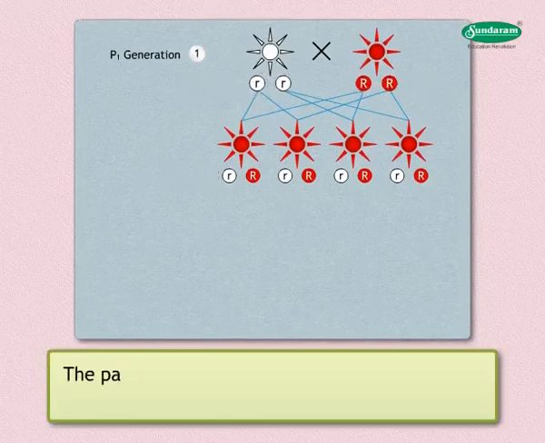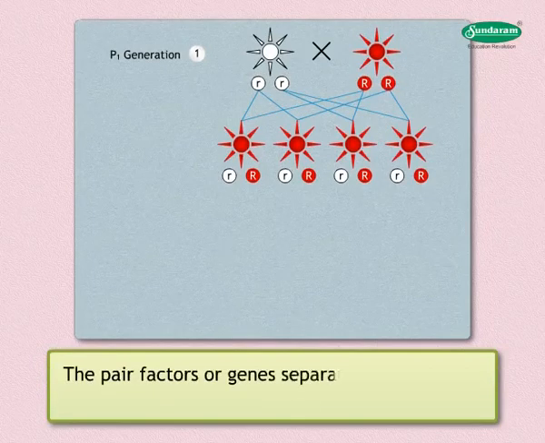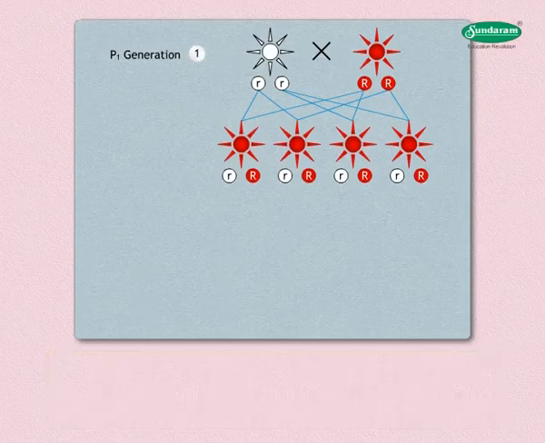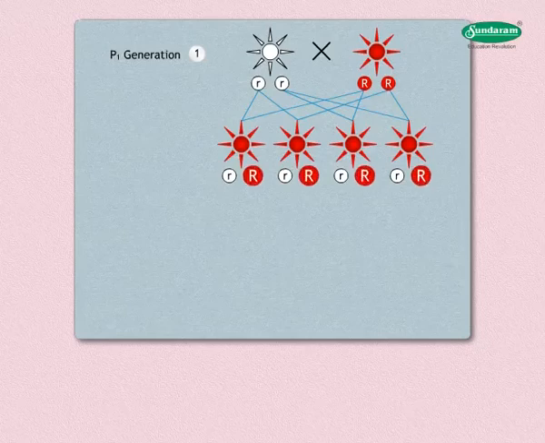The pair factors or genes separate or segregate out during the formation of gametes in the P1 generation. Thus, two types of gametes are produced, one with R factors and the other with r factors.